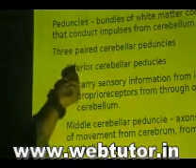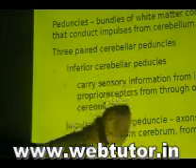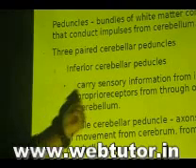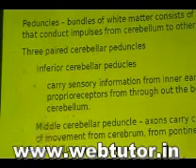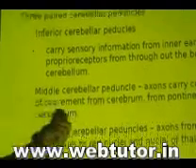We discussed that the cerebellum controls the balance of your body, whether you're balanced, whether you're going to fall. It's because of the inferior cerebellar peduncles getting information from the inner ear and the proprioceptors throughout the body to the cerebellum. Then you have the middle cerebellar peduncles.